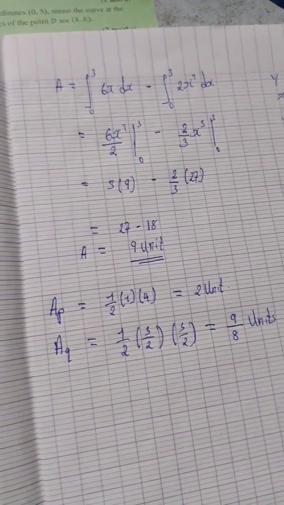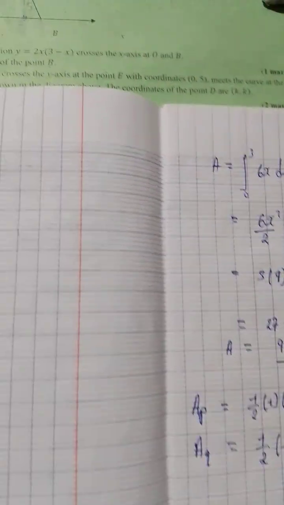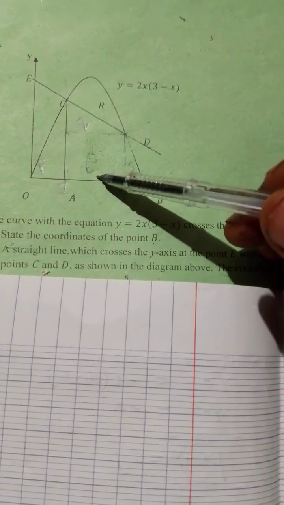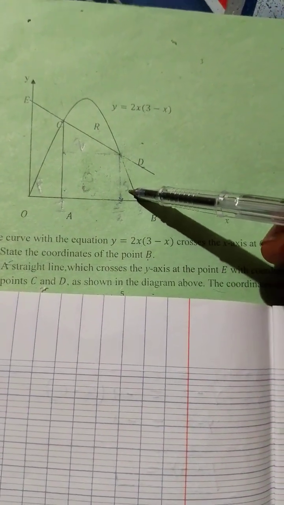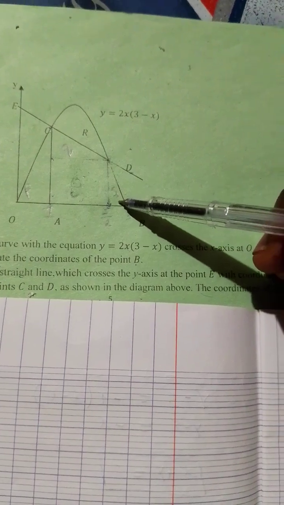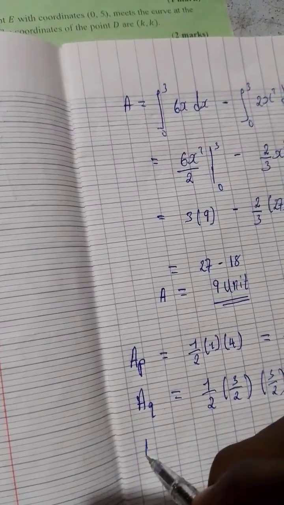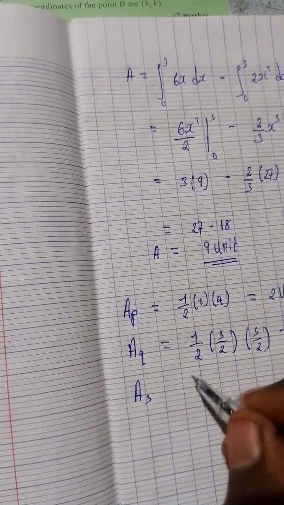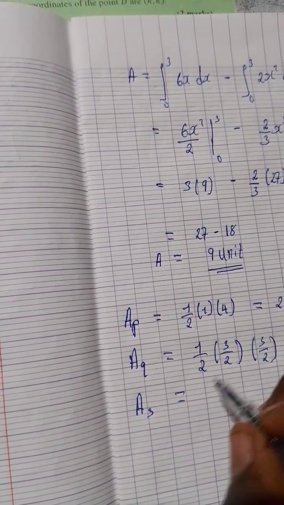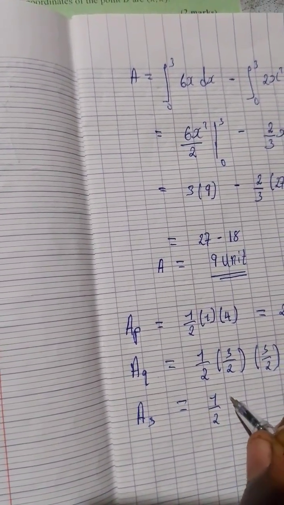Okay, now let us go further and calculate the area of S. Let us finish the triangles. Area of S, the same thing. Area of S will be equal to half the base.